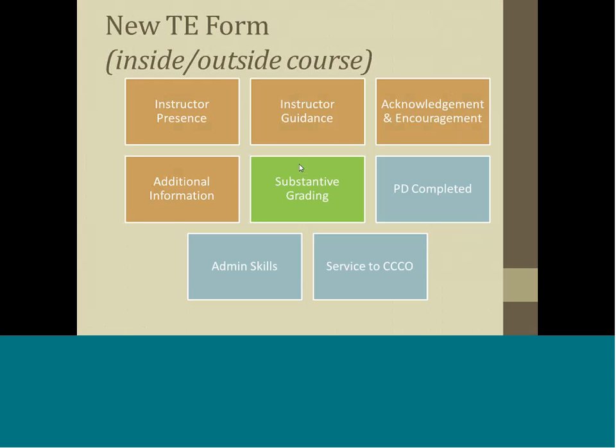Now the first 4 boxes there, the brown boxes, are pretty much the same categories, slightly different wording, but the same categories that we've been checking for years with the QA process, and that is instructor presence, instructor guidance, acknowledgement and encouragement of the students.